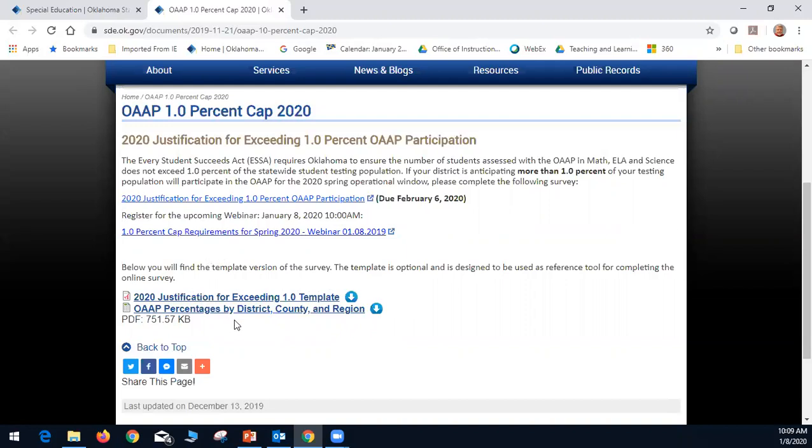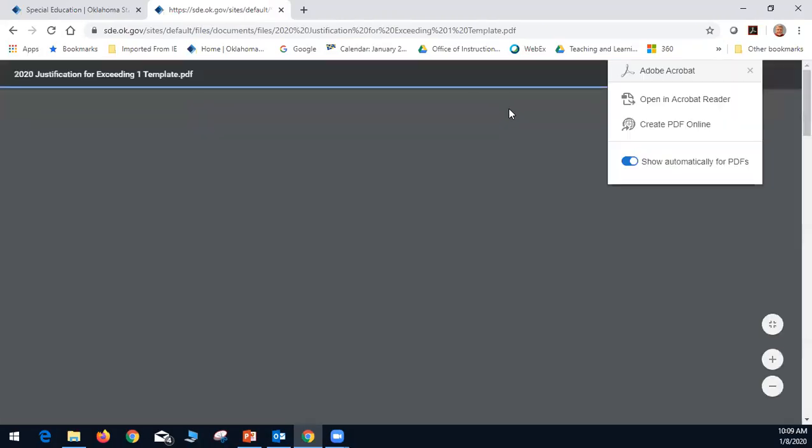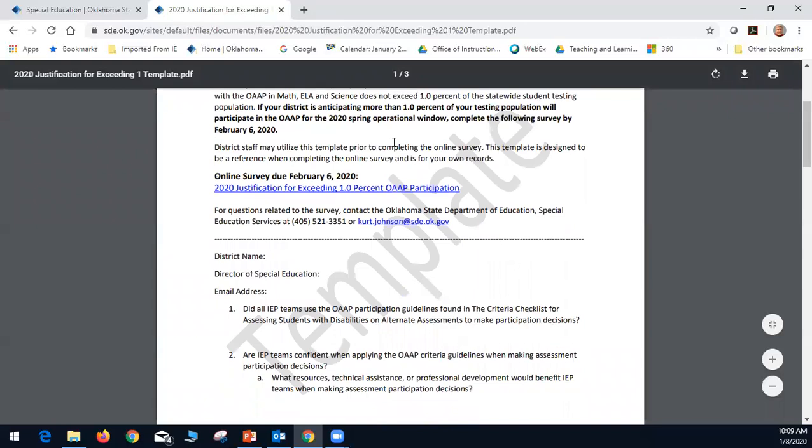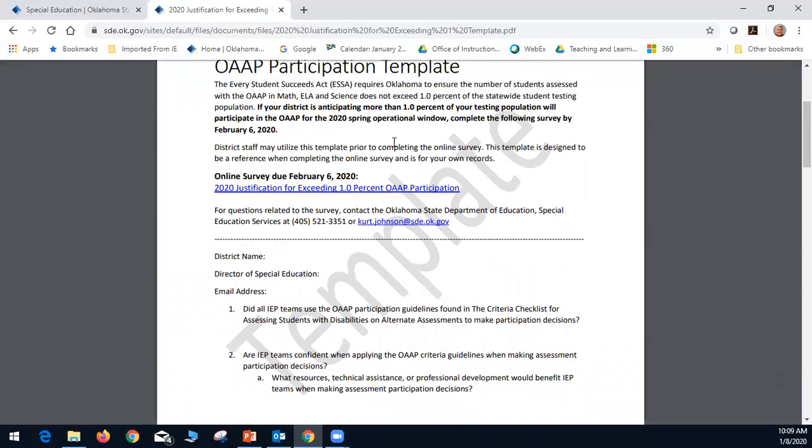Down here, you'll find the template. So this template isn't anything that you would turn in to the State Department. It's just a tool that you can use to fill out, maybe with your staff, get together, collaborate, and answer these questions together prior to starting the online survey.